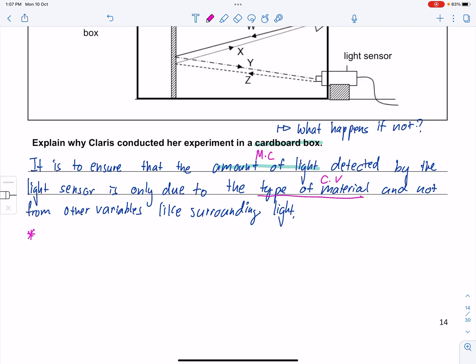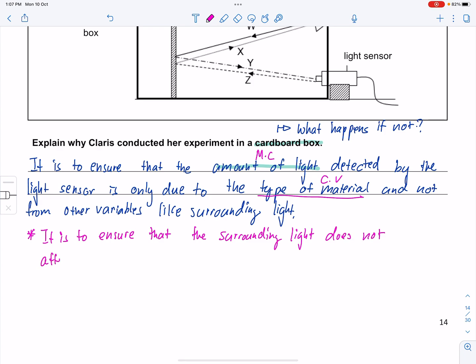The second one would be, it is to ensure that the surrounding light does not affect the results of the experiment.